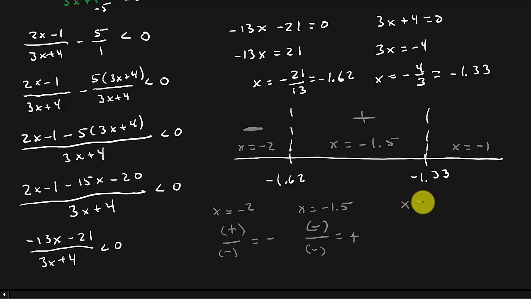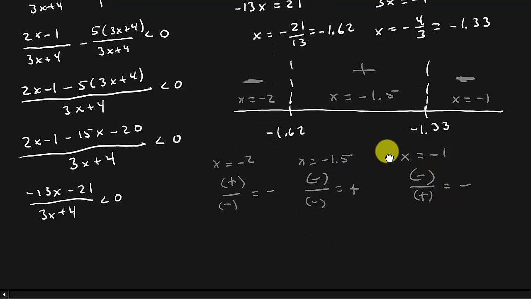And then we've got x equal negative 1. So think about this. Negative 13 times negative 1 is positive 13. 13 minus 21 is negative. 3 times negative 1 is negative 3. Negative 3 plus 4 is positive 1. That's positive. And so a negative over a positive is negative. So that's negative. And what do we want to know?